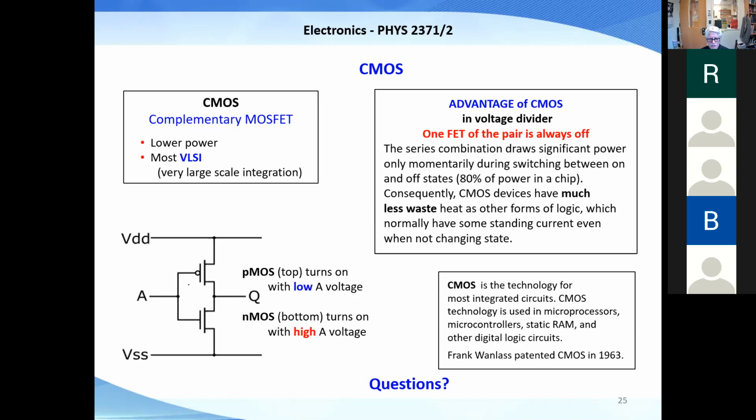Okay, we've gone from PN junction, bipolar junction transistor, FET, MOSFET, and finally to CMOS. And that's where we are with technology right now.